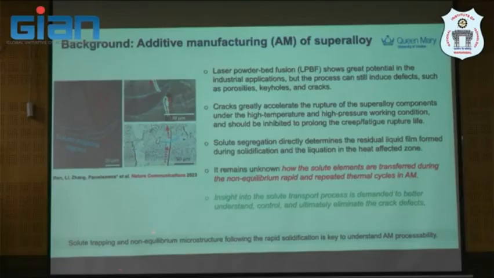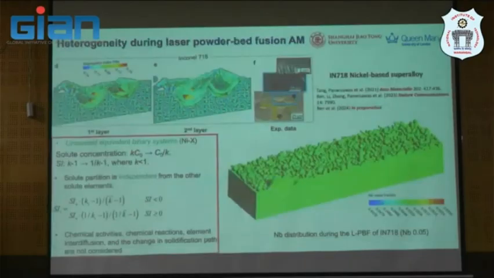We believe an understanding of solute transport will be key for additive manufacturing processability. So what we do first, we ran a model to understand. This is the real simulation in 718.